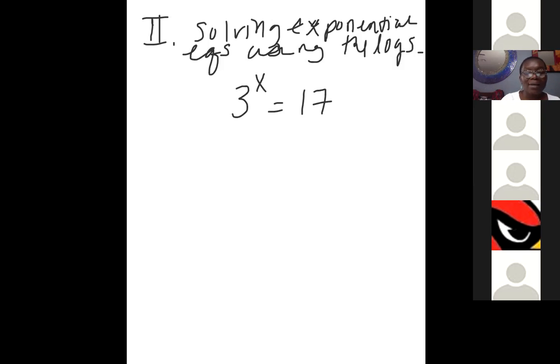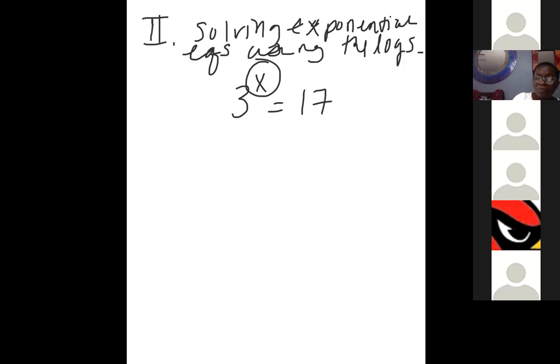However, we can narrow down where we think the answer is going to be and between what two whole numbers. Why? Because we know 3 squared is 9, and we know 3 to the third is 27. Furthermore, 17 is in between 9 and 27, so therefore the answer would be in between 2 and 3. So now your job is to figure out what decimal approximation would you raise 3 to get to 17. So in order to do this, guys, especially since you have your variable and the power, you have to use the log to solve it.